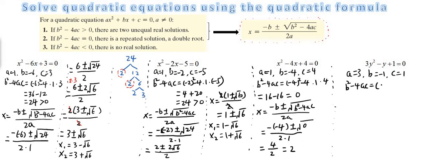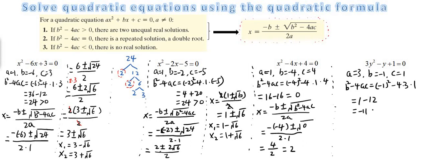And we're going to plug in a is 3, c is 1, and negative 1 squared is going to be negative 1 times negative 1, which is positive 1, and minus 12, that boils down to negative 11.